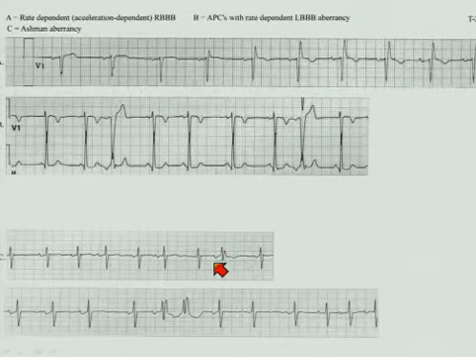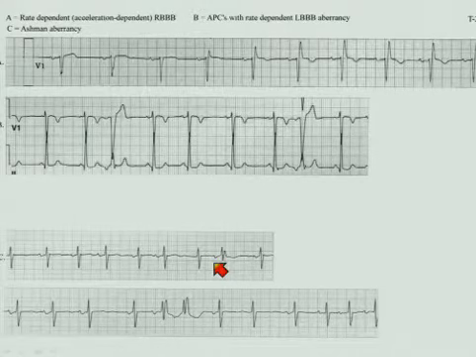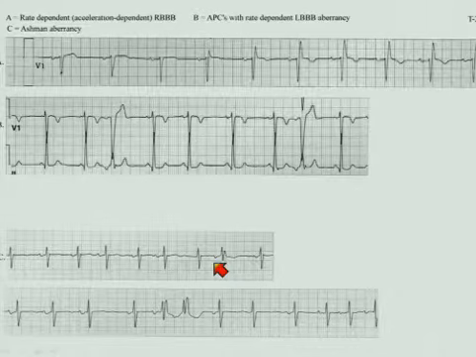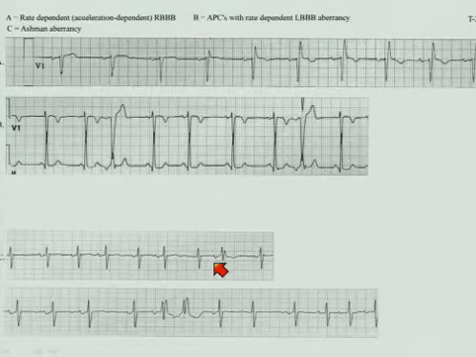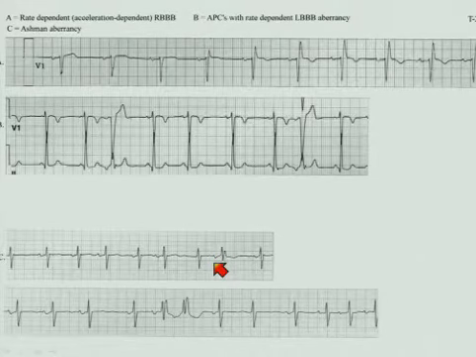That's called the Ashman phenomenon, and this is one that you cannot figure out. You just have to know this. The beauty of electrocardiography is it usually is deductive, but this one you've got to just know. And what you have to know is the AV node recovery time is dependent on the preceding R to R cycle.